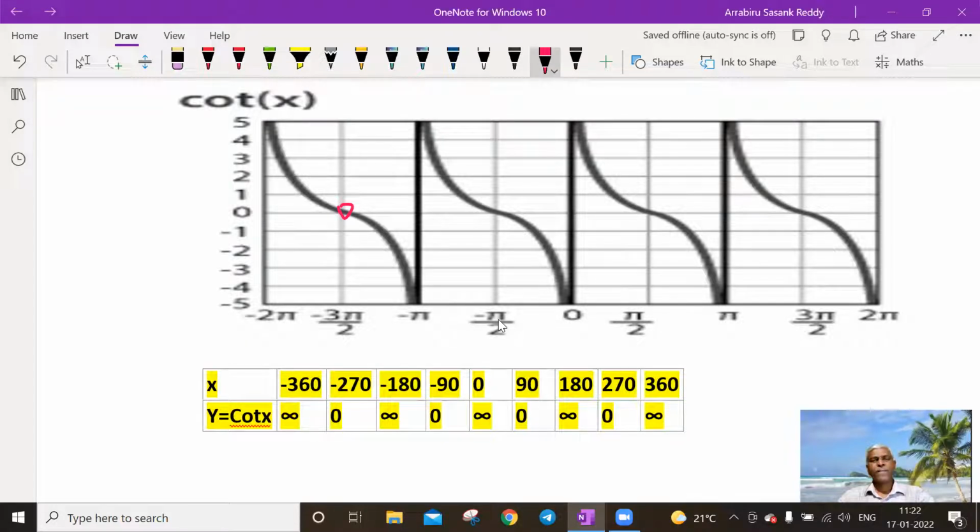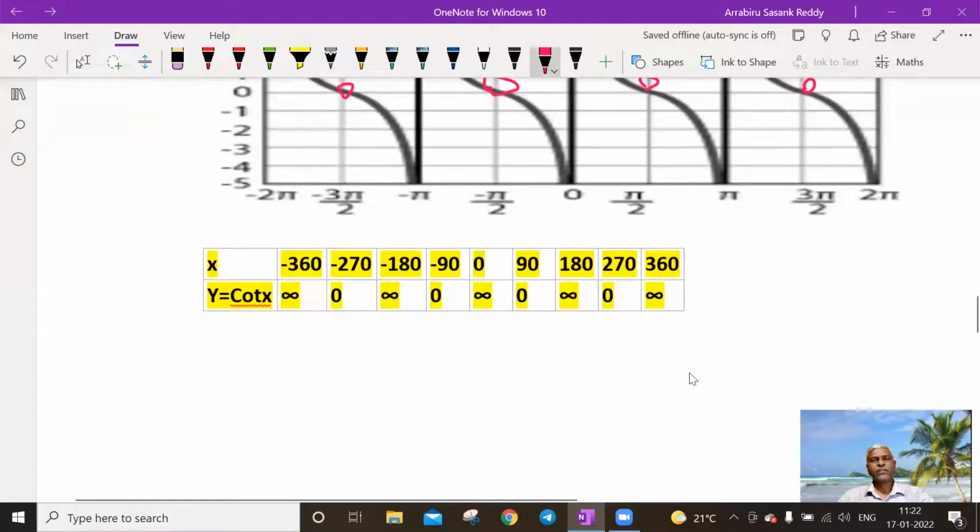And 90 is 0. 0 is infinite. 90 is 0, this point. And 360 is infinite, 270 is 0. So the range is minus infinity to plus infinity. This is cot graph.